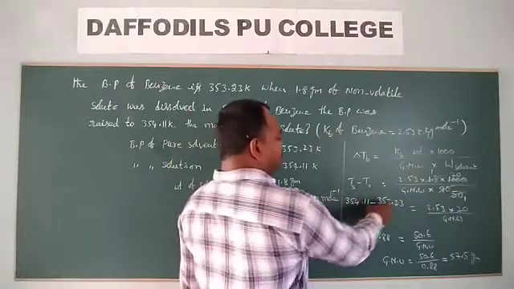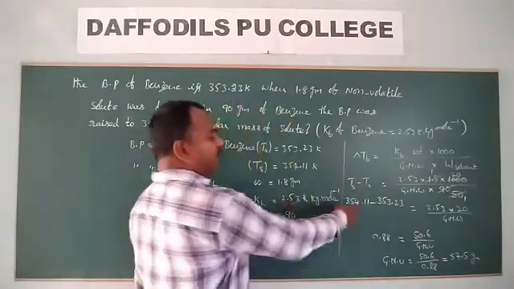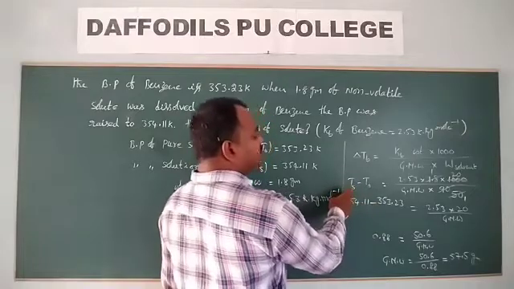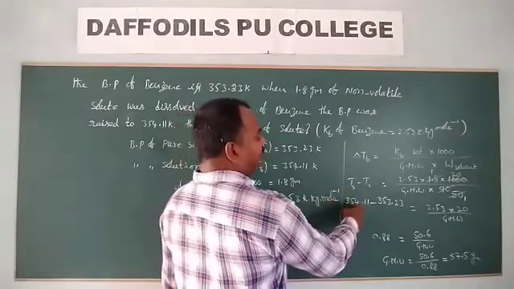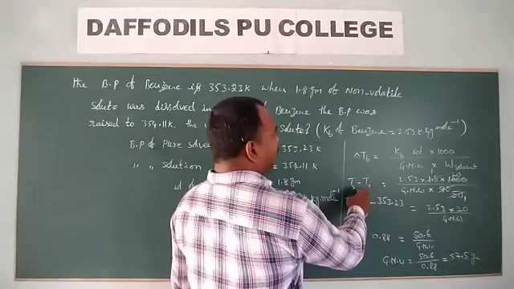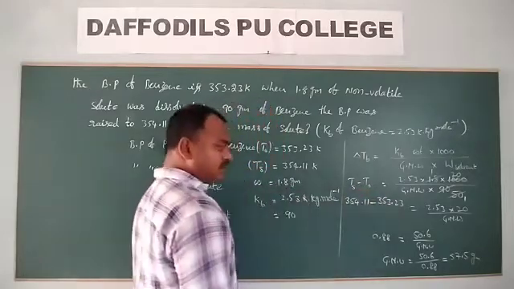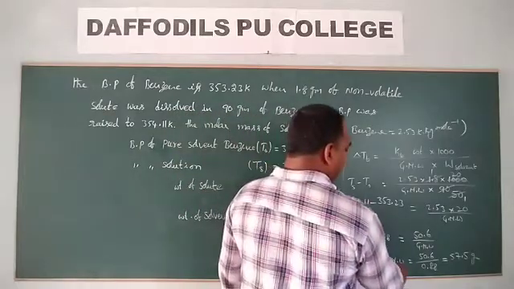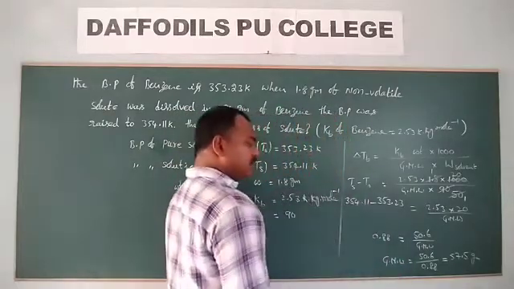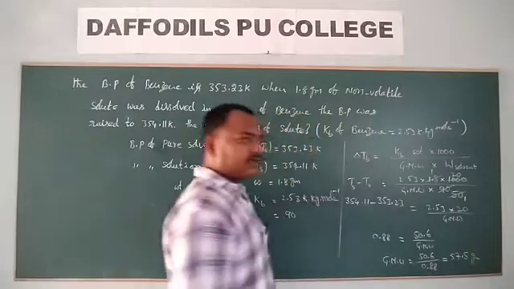So I am just substituting all the values. Boiling point of the solution is 354.11. Boiling point of the solvent benzene is 353.23. Finally, we get the gram molecular weight of the substance, and that one is 57.5.